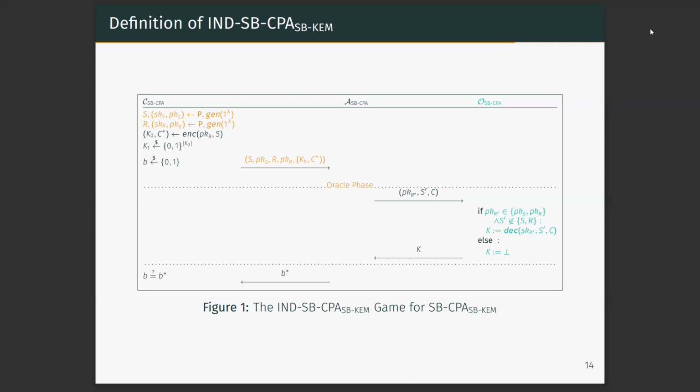Another line of constructions would be constructing over the dual receiver encryption settings, where the sender encrypts twice, one with his own public key and the second time with the receiver's public key.